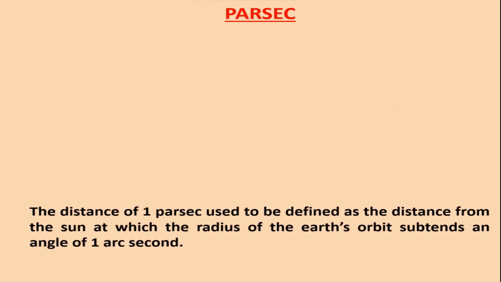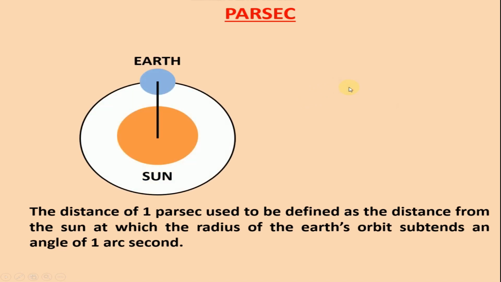The distance of 1 parsec used to be defined as the distance from the sun at which the radius of the earth's orbit subtends an angle of 1 arc second. So suppose sun is over here and this is the orbit of the earth. So this is the radius of the earth from center to the orbit. Suppose the position of earth is over here.